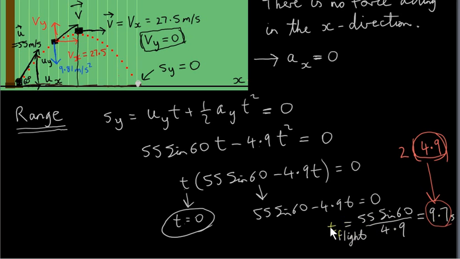That time is sometimes called t-flight, the time of flight. By flight we mean the particle in flight for the entire journey, not just for half the journey when it hits here. So the trajectory itself is not just symmetrical in space, but there's also a symmetry in time.